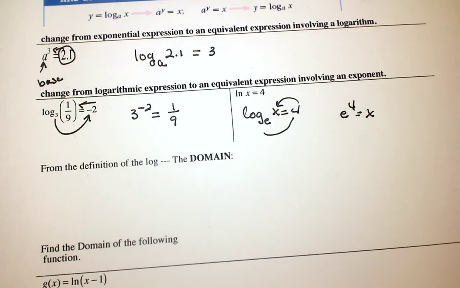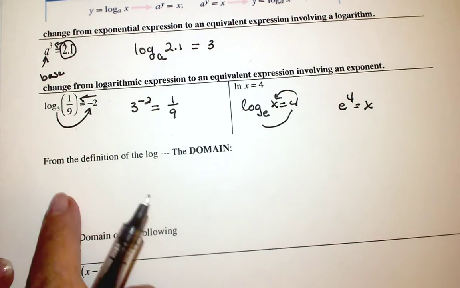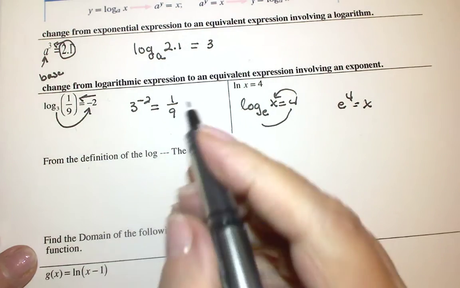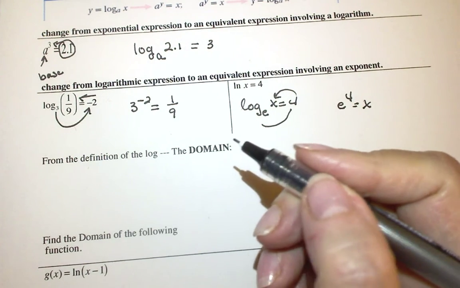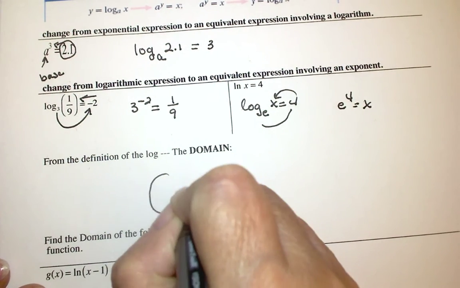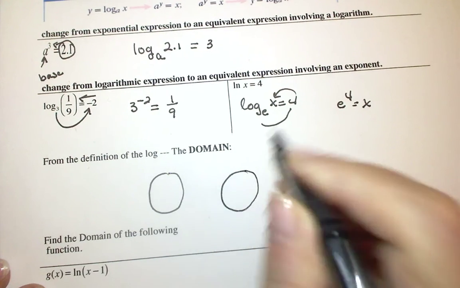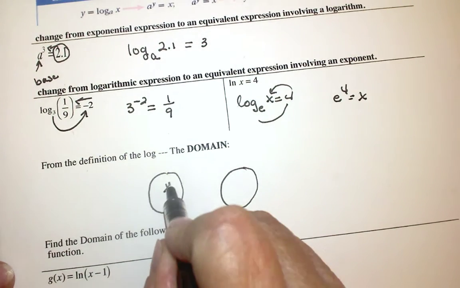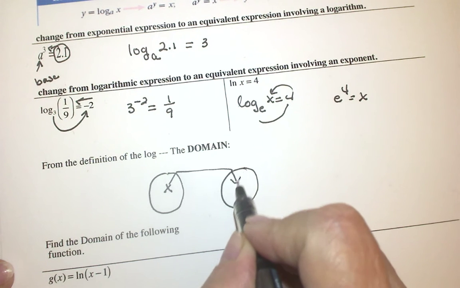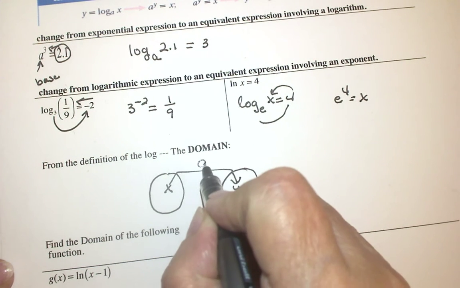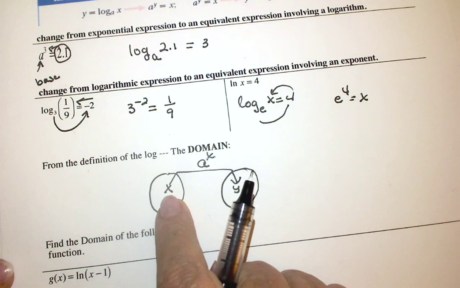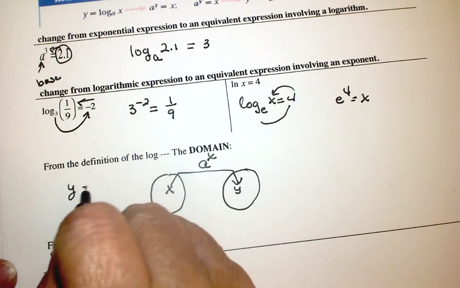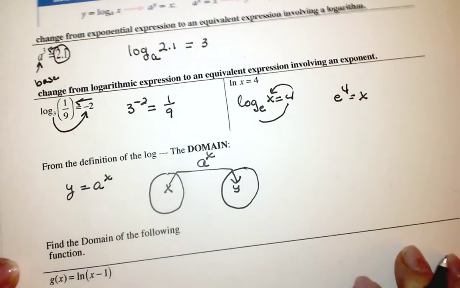Now let's take a look at this domain thing. It says, definition of the log, what is the domain? Well, there is a relationship between exponentials and logs, and you saw this in college algebra. What the exponential function does is it takes x values to y values. So that would say y equals a to the x.